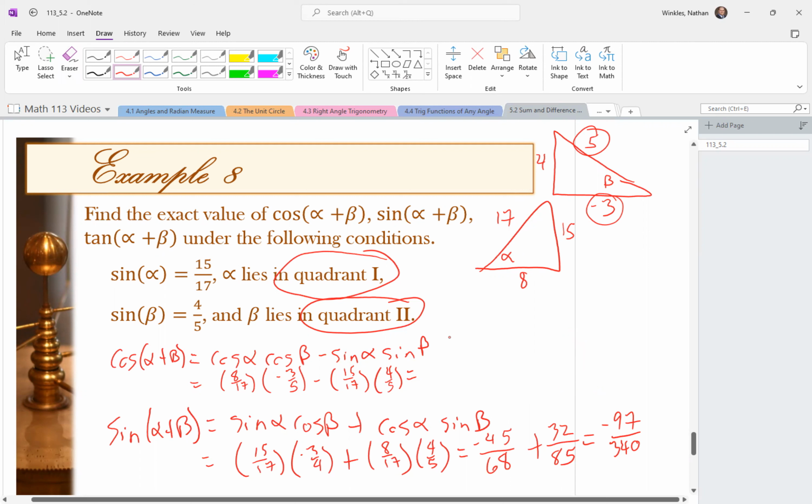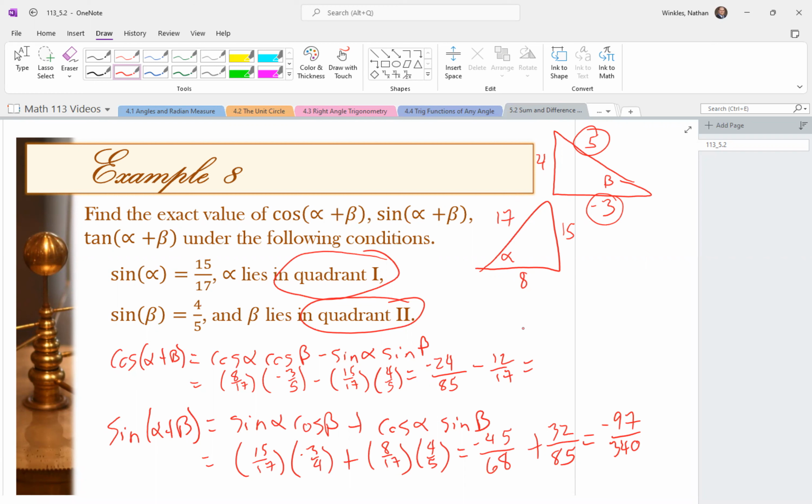So that's going to be negative 24 over 85. So minus 12 over 17. So this is negative 84 over 85.